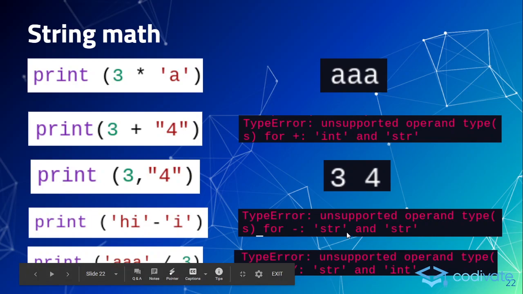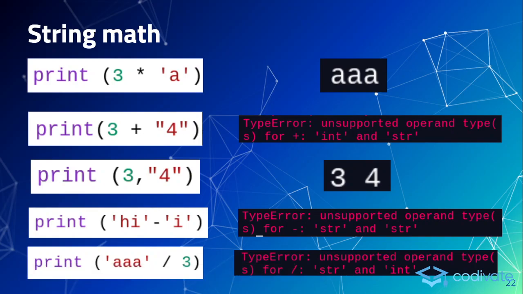So it just doesn't allow subtraction for two strings, and it also does not allow division. You may be thinking, oh, these three A's here, it'll just divide it into one A and that'll be a result. But no, it's not allowed for strings and integers to be divided.